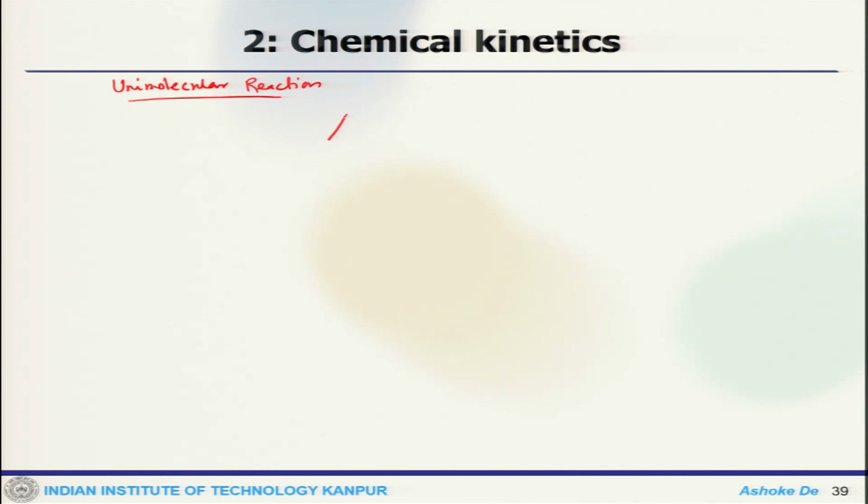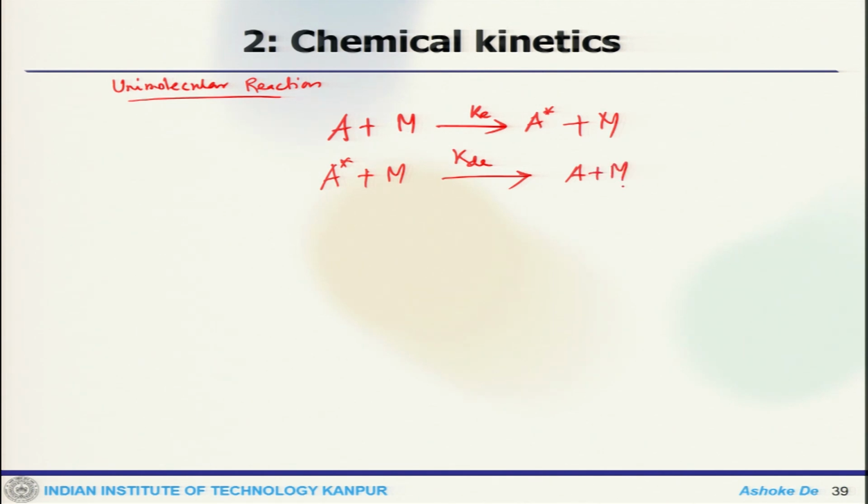For example, A plus M goes to A star plus M, then you take A star plus M, which goes to A plus M, and then finally A star goes with K unimolecular to products.